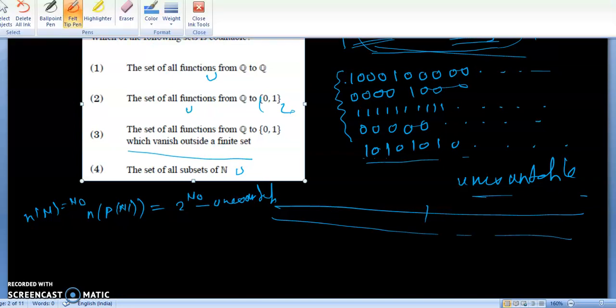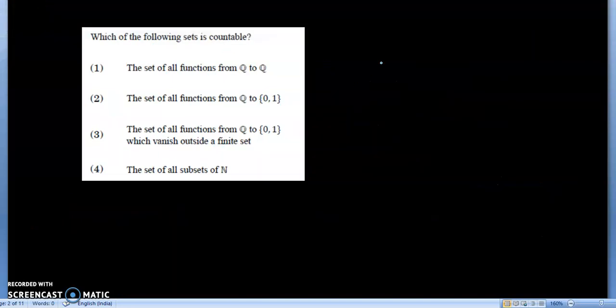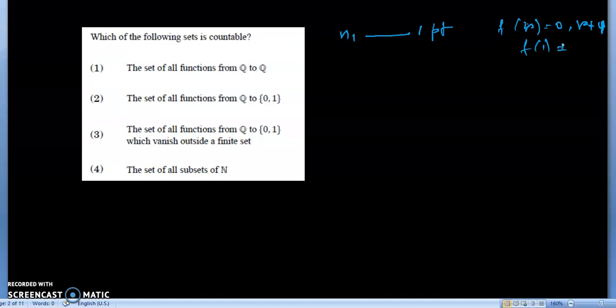Before this I want to define a set N1. N1 is the set of all functions which are non-zero at only one point. For example, f(r) is 0 for r not equal to 1, and f(1) is not 0.